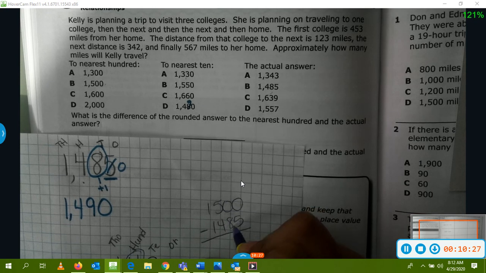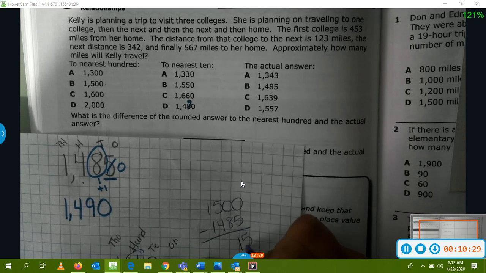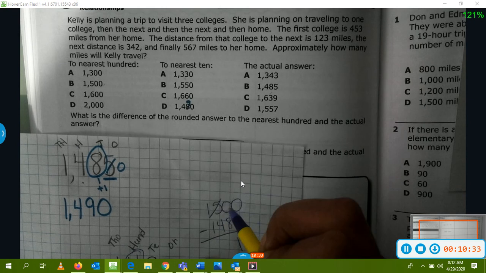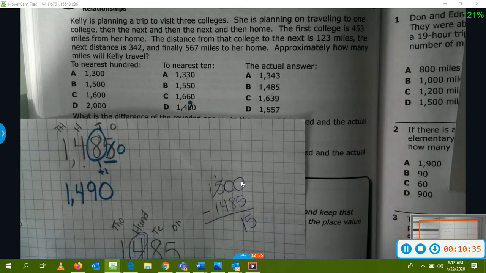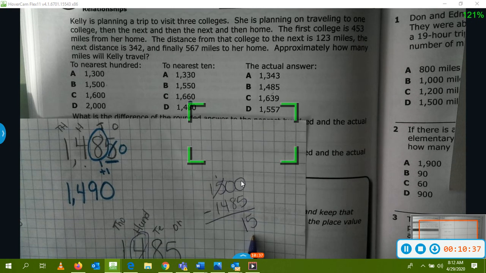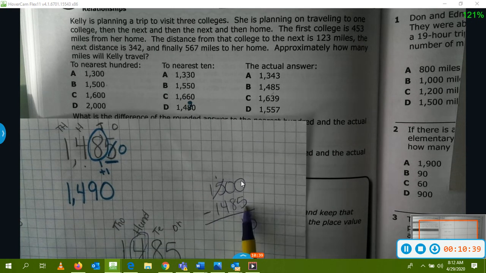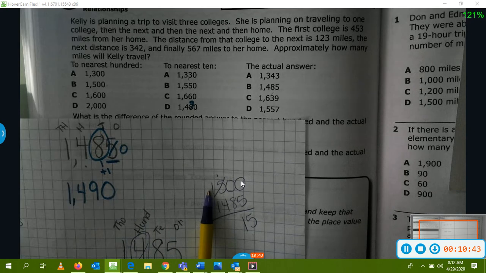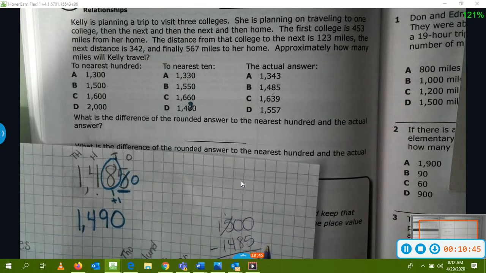Well, I know 85 minus 100 would give me 15. So the difference is 15. When 1,485 is subtracted from 1,500, it's 15. So that's the answer to that one.